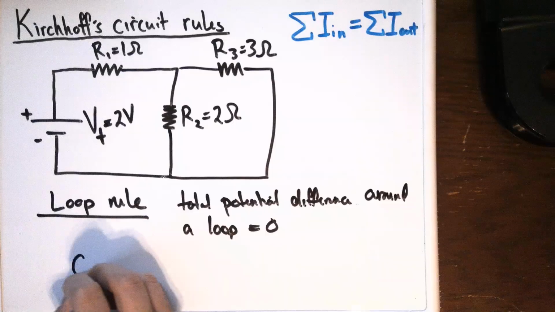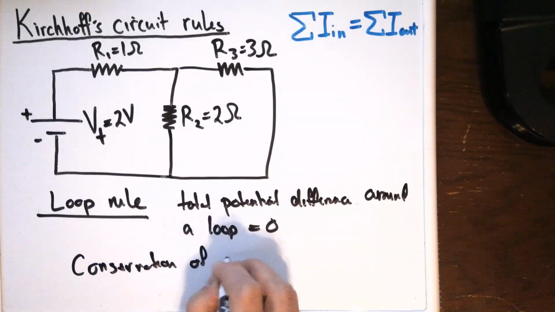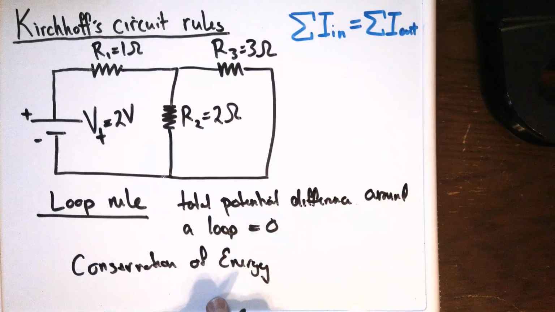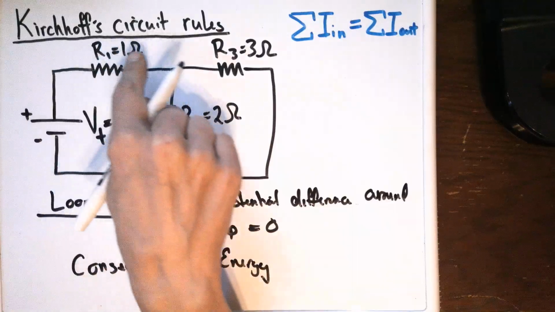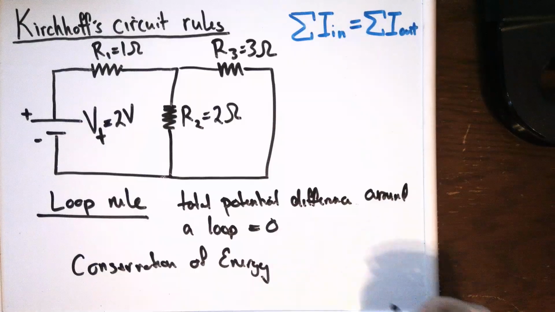And this guy turns out to be the same as conservation of energy. And again, I'm going to let you think about why the fact that as you look at the potential all the way around a loop, that has to add up to 0 is the same thing as conservation of energy.